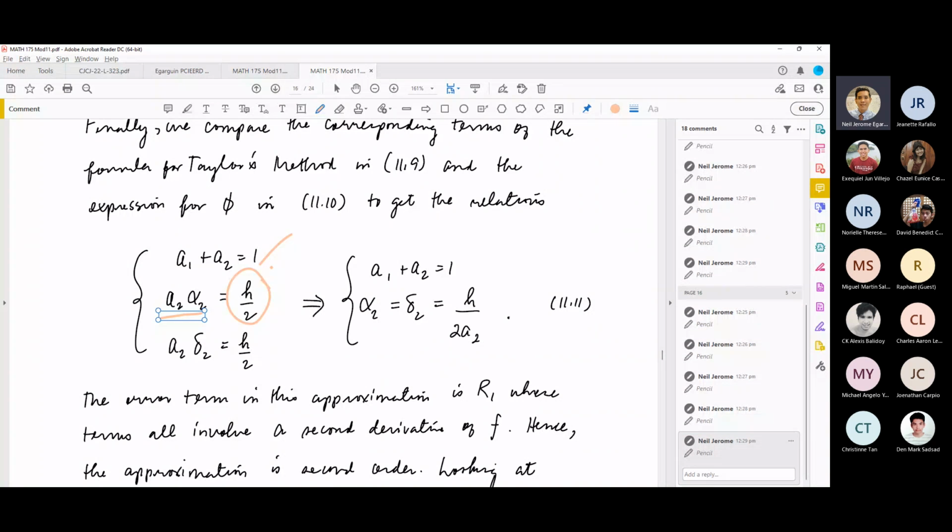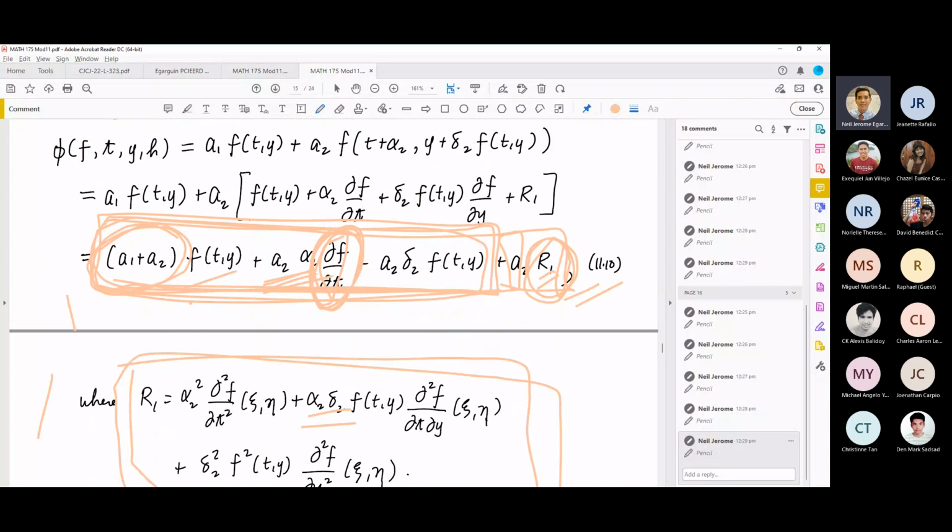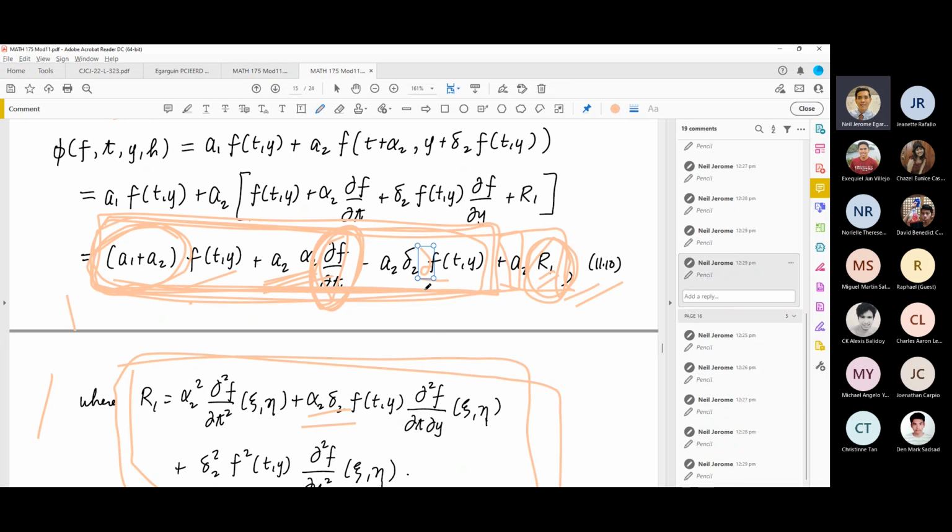And then that's the same thing that's going to happen to the last term. I guess there's a typo here. Dapat ito ay df dy. Sorry guys. df dy. So ang coefficient dapat ni partial ni f with respect to y ay si a2 delta 2.